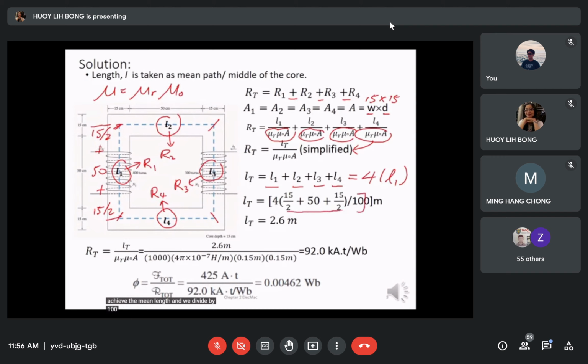And we divide by 100 to change from centimeter to meter. Hence, we get the total length as 2.6 meter.